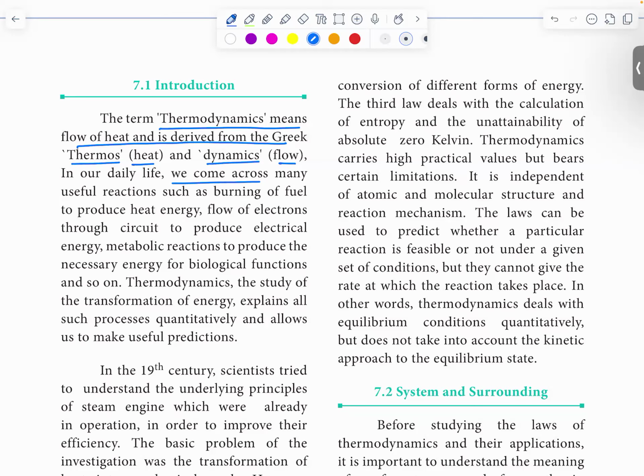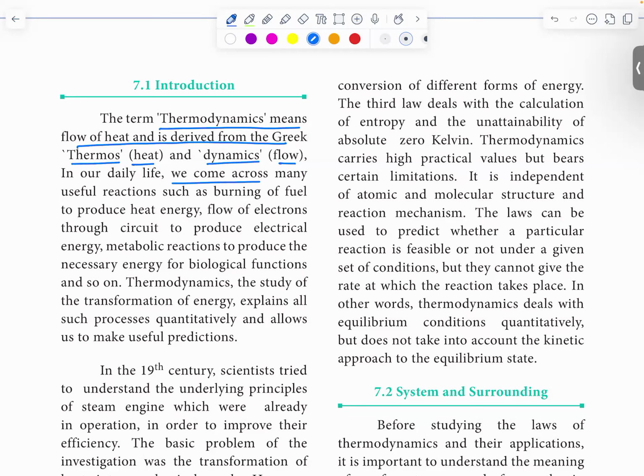line. So thermodynamics is also the interaction of one body with the other. It tells us that one body interacts with the other body in the form of work and heat. So there is an interaction between different bodies in the universe, and they interact basically in terms of heat and work.